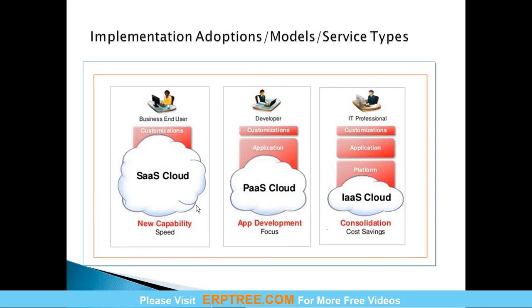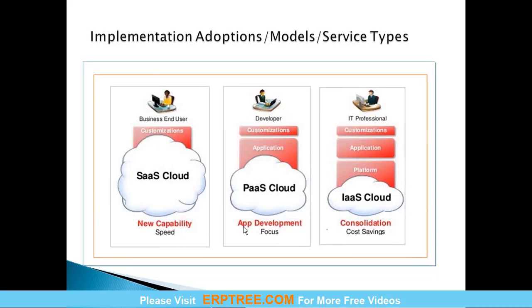Business end users: if you go with a SaaS model, it's all about using the application. The other side will implement, and you will be using. That is the point here when you talk about the SaaS model. The other model is PaaS. In the PaaS model, you will have access to the application, and it is an advantage for developers.